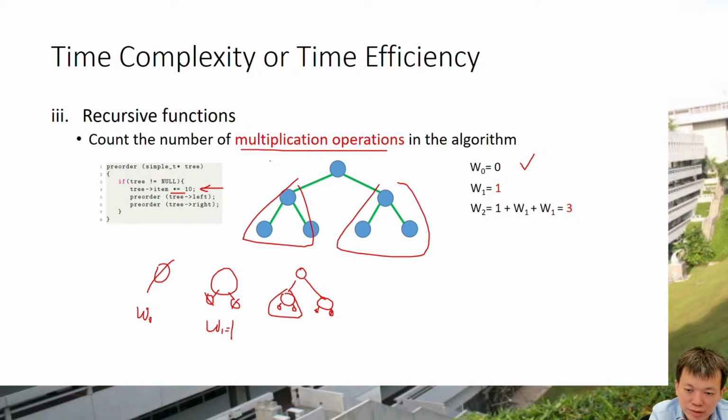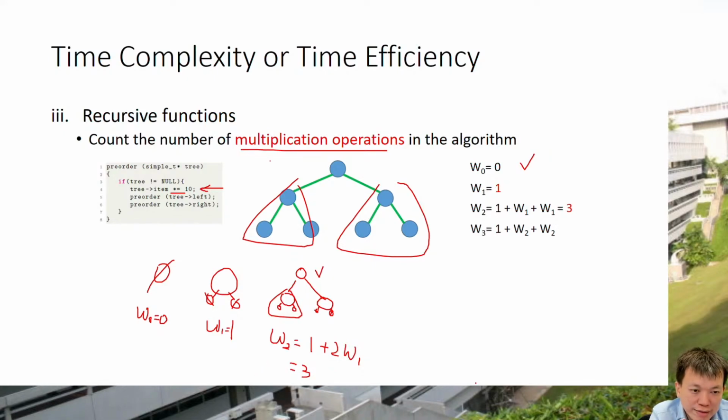W0 is 0. So you can derive it. W2 is itself 1 plus 2W1, which is equal to 3.